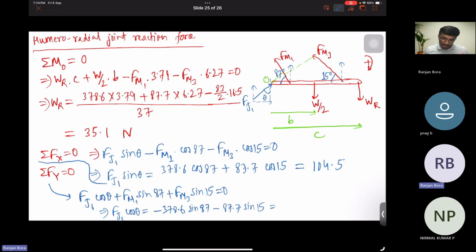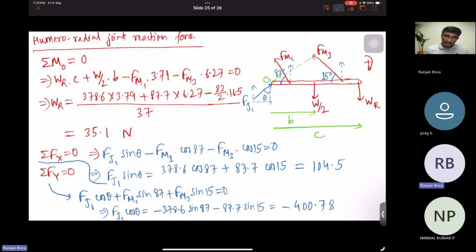If we evaluate this, it is coming minus 400.78.